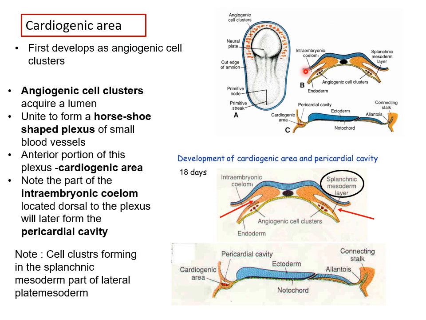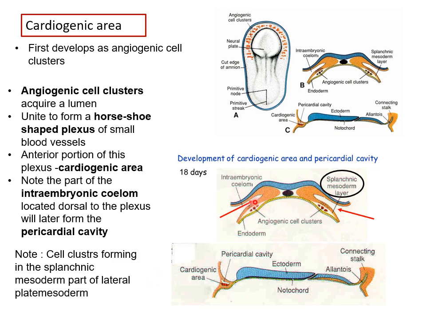So this part of the intraembryonic coelom, which is dorsal to the angiogenic cell clusters, will form the future pericardial cavity. Note these clusters are now located in the intraembryonic mesoderm, specifically in the splanchnic mesoderm, which is the part of lateral plate mesoderm.